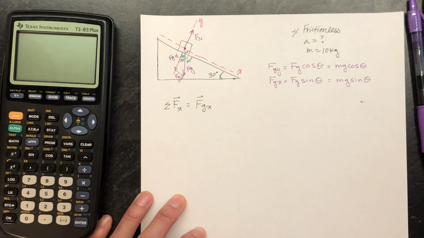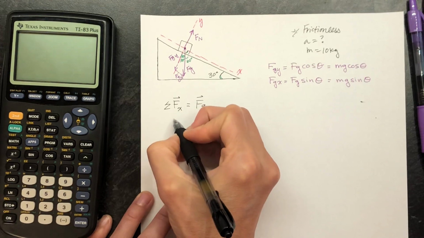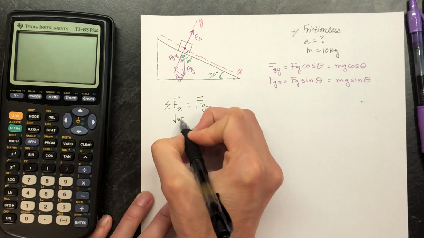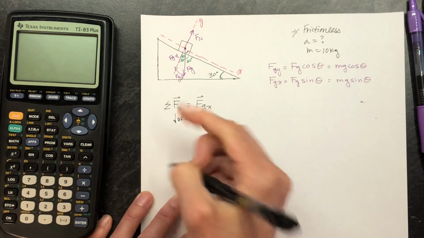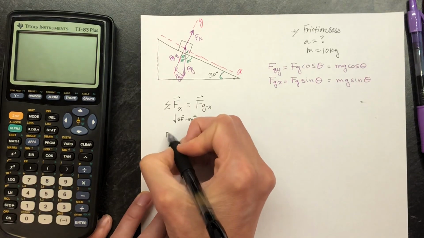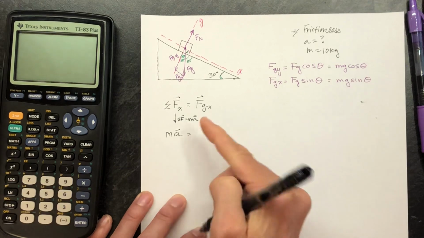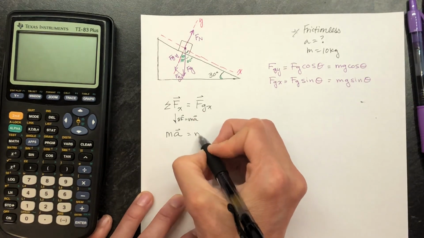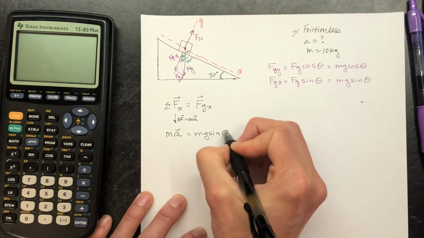All right, so our net force in the x direction, we're going to follow Newton's second law, and since net force is equal to mass times acceleration, we're going to replace net force with mass times acceleration. And that is equal to my force of gravity in the x direction, which is mg cosine theta, or sine theta, excuse me.